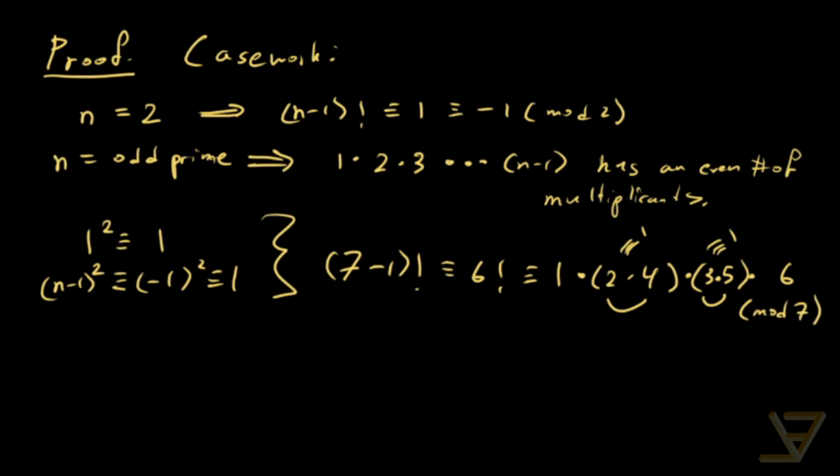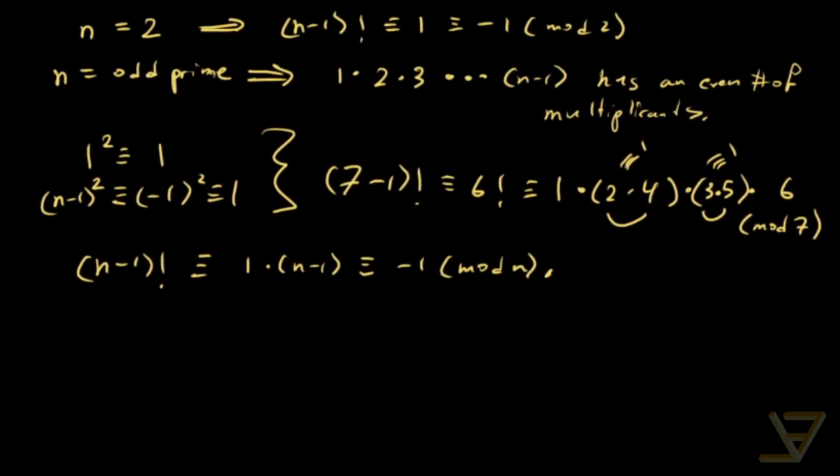And in general that's true. So what's going to happen is that n minus 1 factorial, we're going to have a bunch of 1s, and we're going to have 1 times n minus 1 left over, which is congruent to simply negative 1 mod n. So that takes care of the prime case.